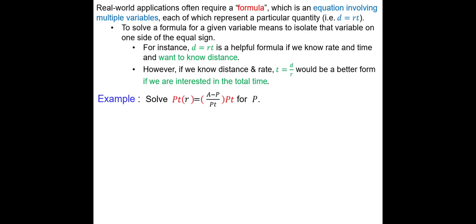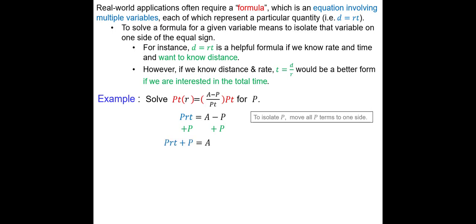And notice that that's going to cancel on the right-hand side. Now, at this point, we can see that there's p's on both sides of the equation. But if we're going to solve for p, we need the p terms to be on the same side. So why don't we add p onto the left?